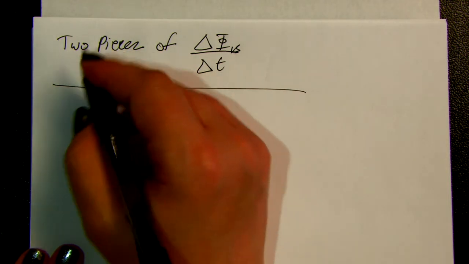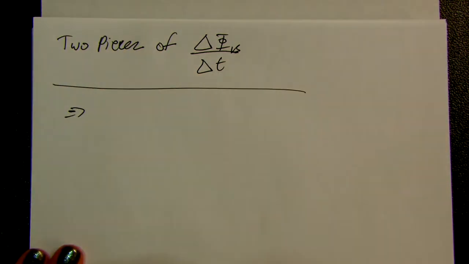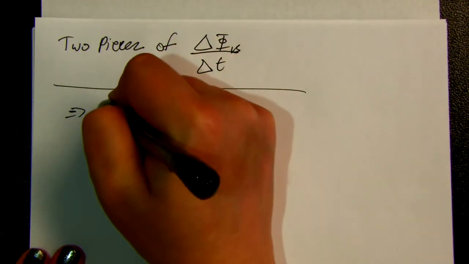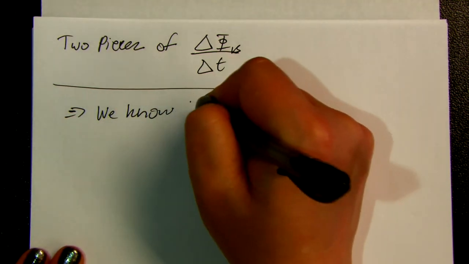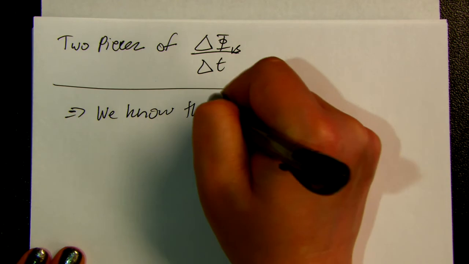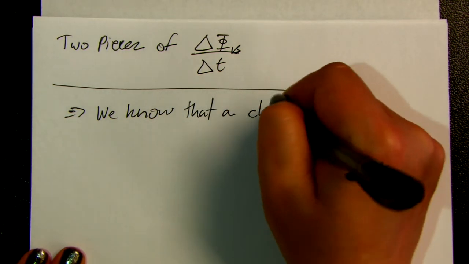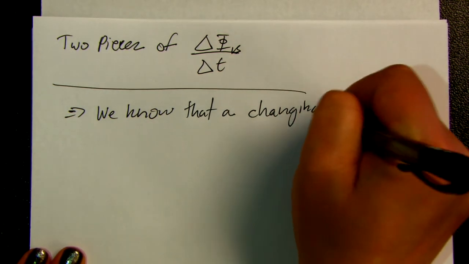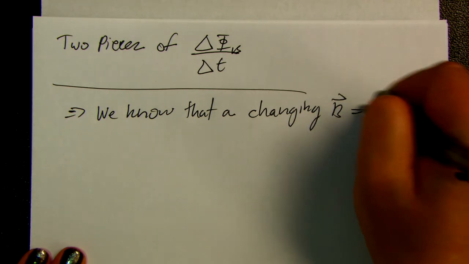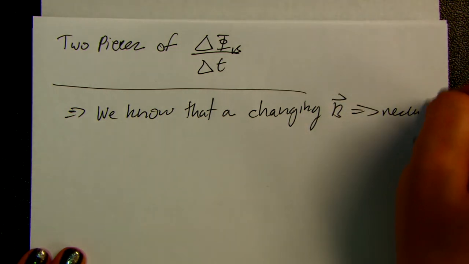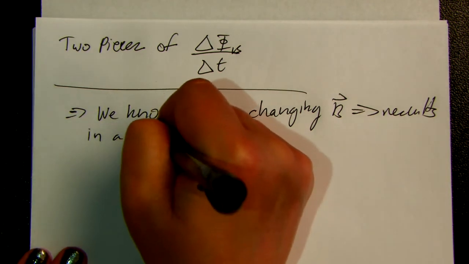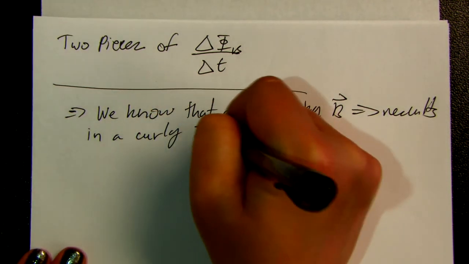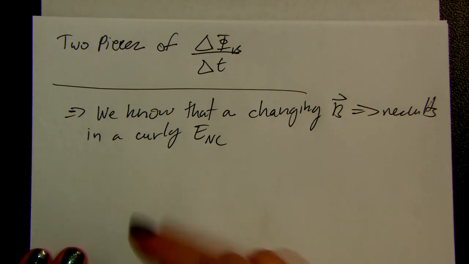At this point, we know as soon as I say that there's a changing magnetic field, this results in a curly non-Coulomb electric field. So we have that down.